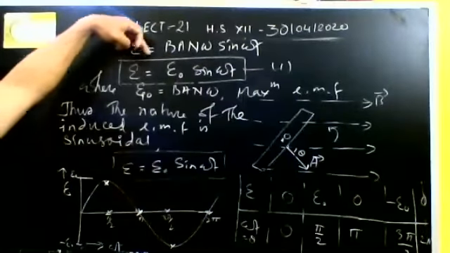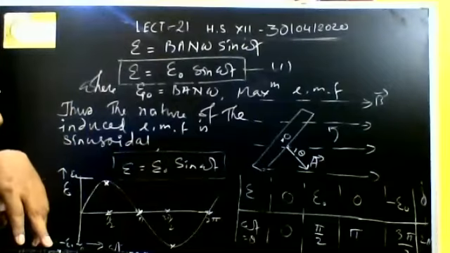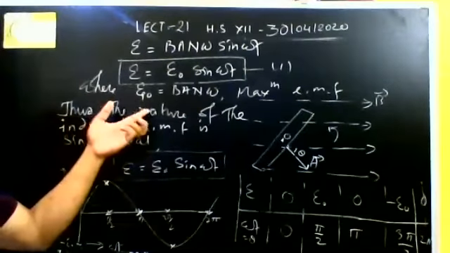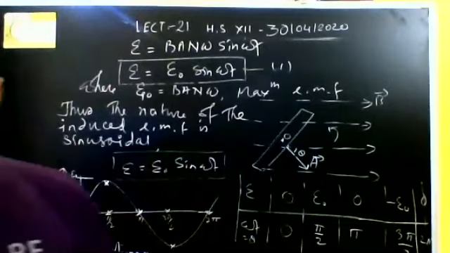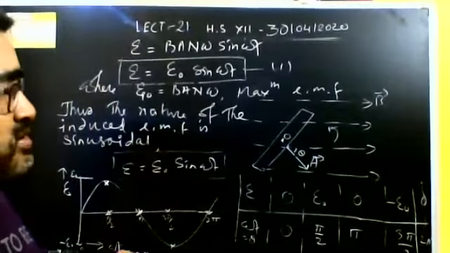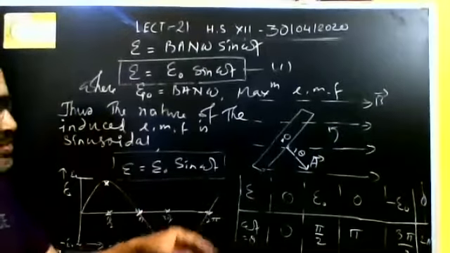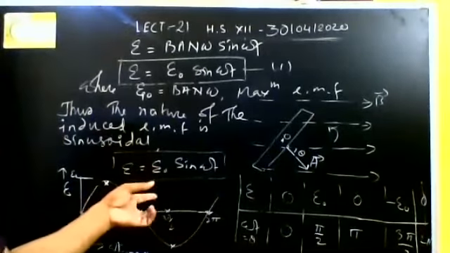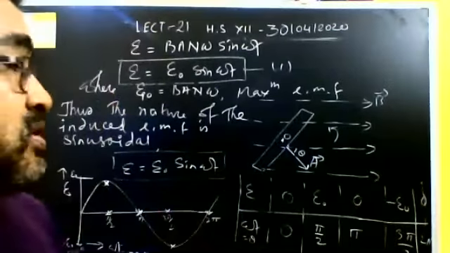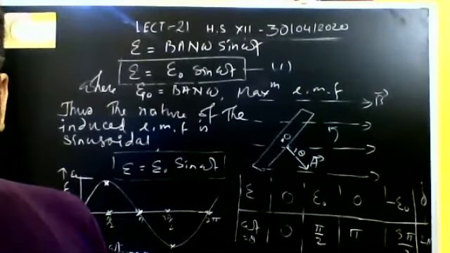That induced EMF, as observed, is sinusoidal in nature, which in turn indicates that the current obtained from this induced EMF is also sinusoidal, right? So this is the way to produce the induced EMF by changing the orientation of the coil, that is by rotating a coil.